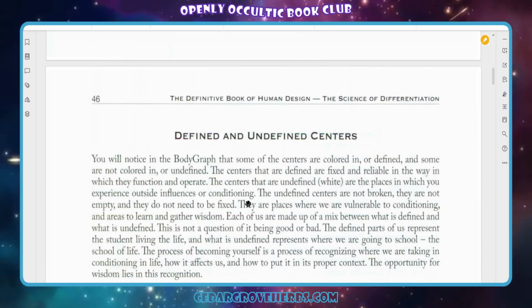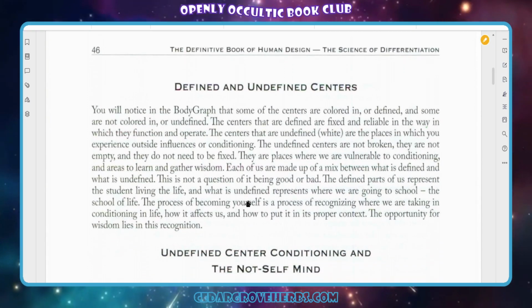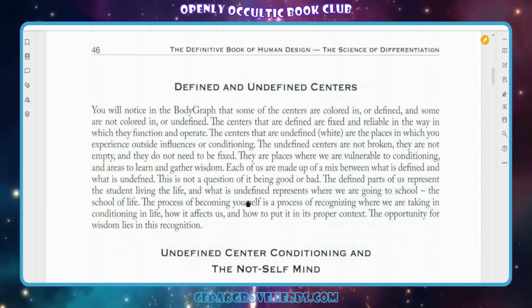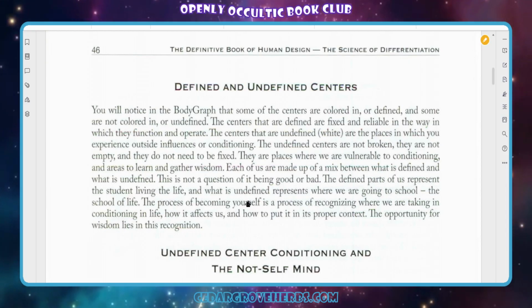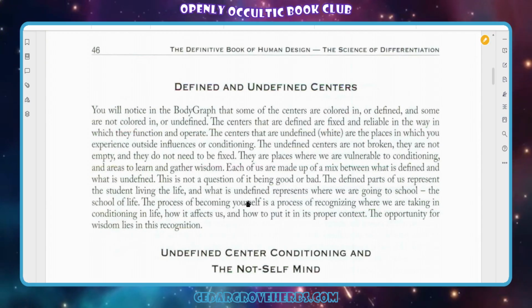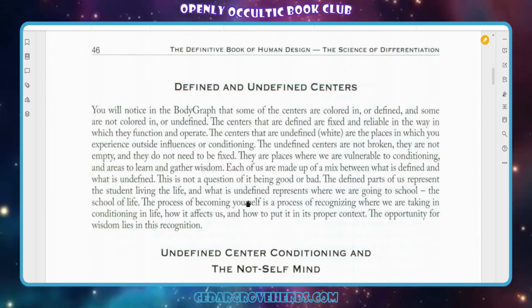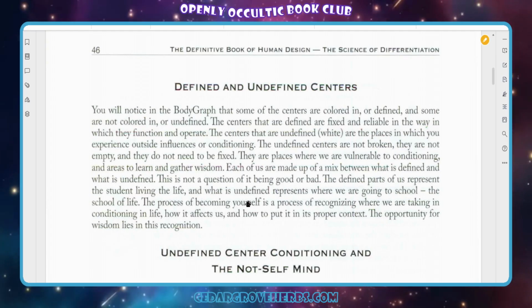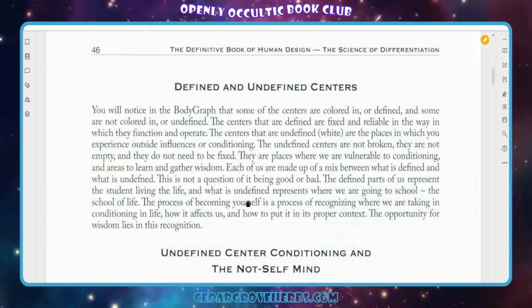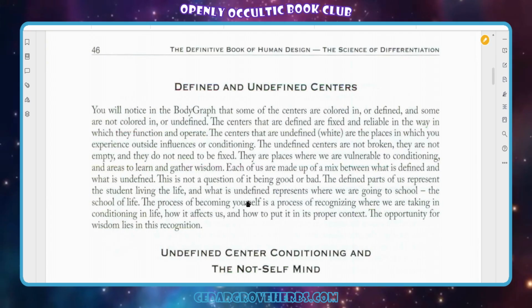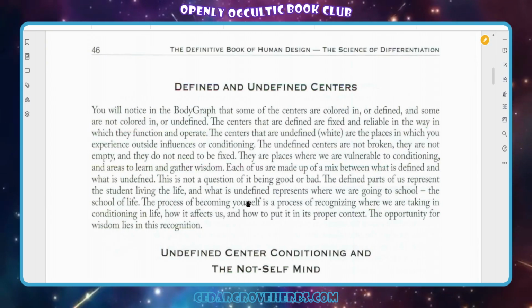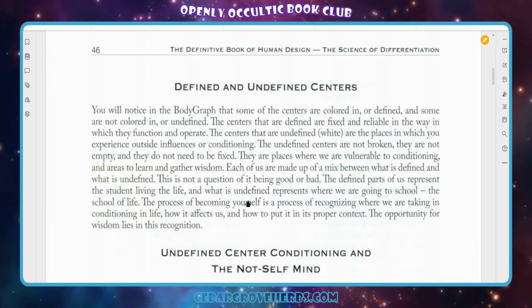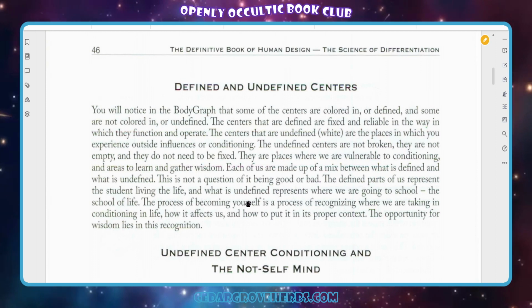defined and undefined centers. You will notice in the body graph that some of the centers are colored in or defined, and some are not colored in or are undefined. The centers that are defined are fixed and reliable in the way in which they function and operate. The centers that are undefined, they're not colored in, they're just plain white.